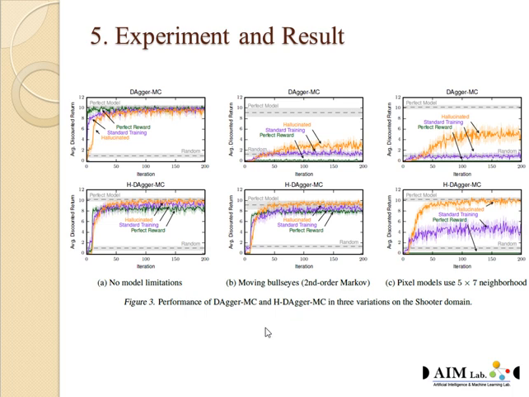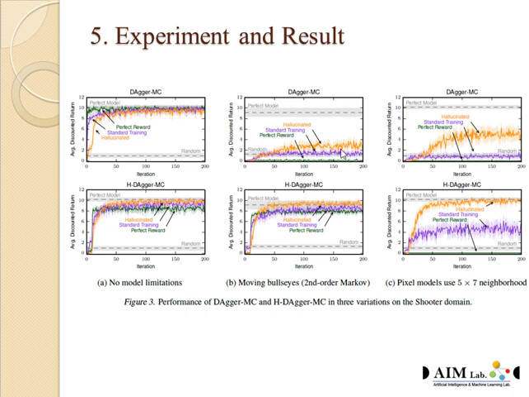Also, we use a limited model with a 5 by 7 neighborhood. It is shown the DAgger-MC algorithm for the policy update, and the H-DAgger-MC for the policy update, and the hallucinated and standard versions mean this method for the reward updating.